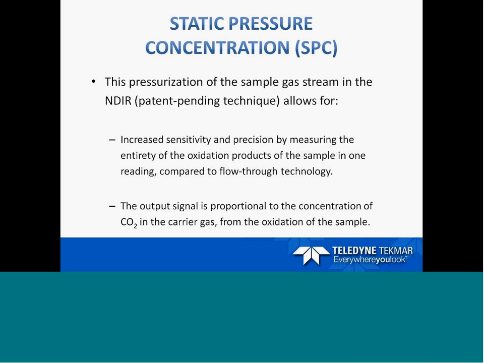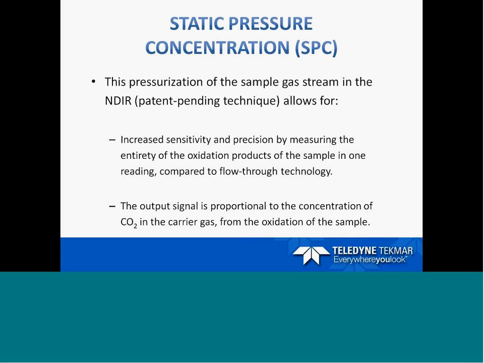And then there's the static pressure concentration. Most NDIR detectors use a flow-through technology. This is where it's going to pressurize that sample. So as the sample is coming off and you've got CO2 gas now going into the NDIR detector, it's going to close off that valve, pressurize that sample, and take a single reading.